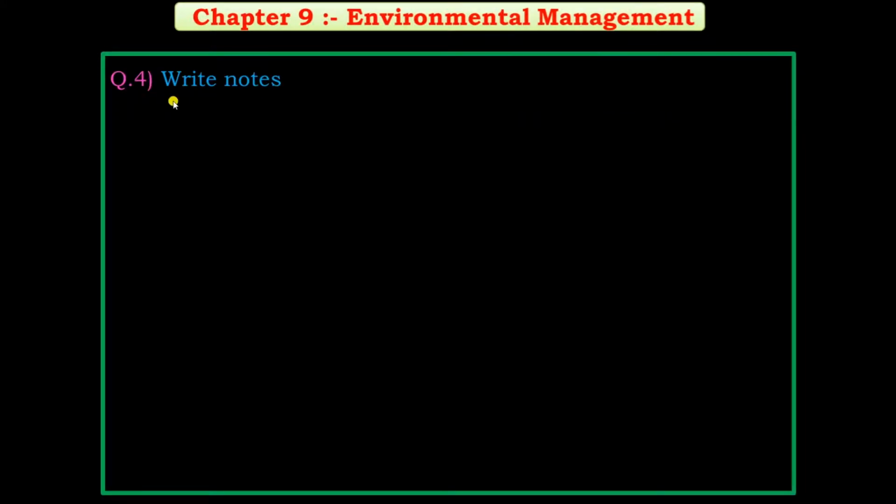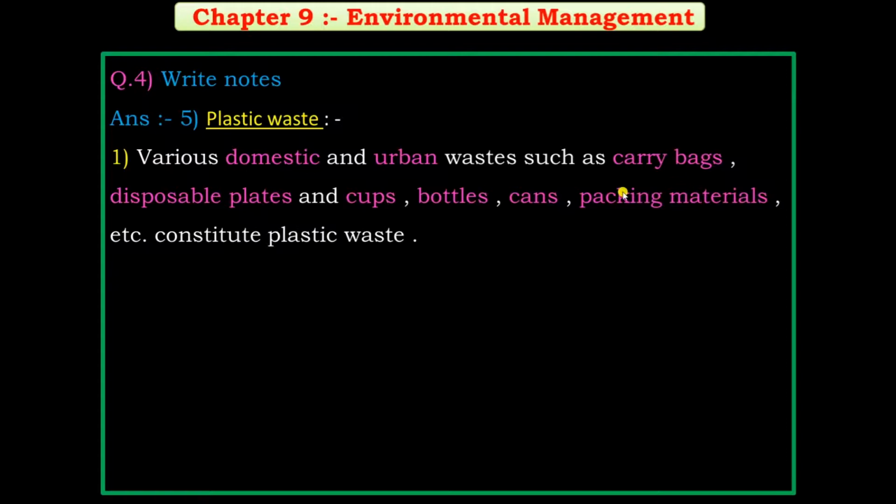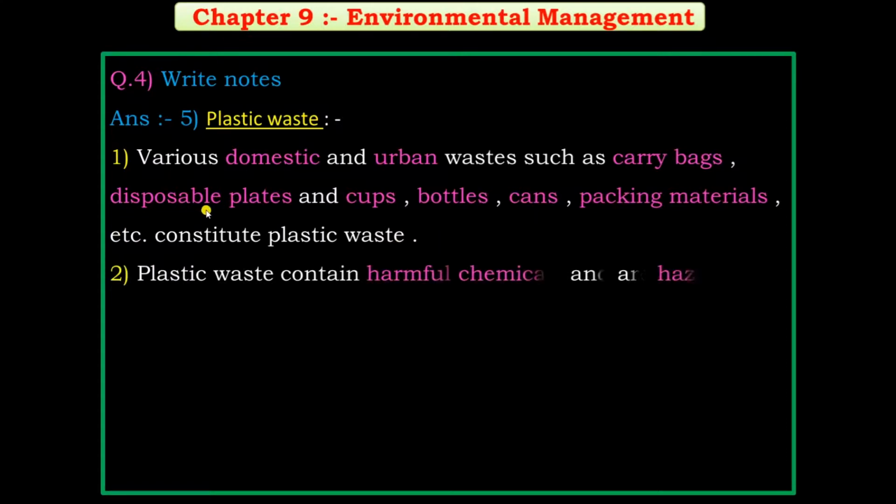Next question of question number 4 is: write the short note on plastic waste. And the answer is: point number 1, various domestic and urban wastes such as carry bags, disposable plates and cups, bottles, cans, packing material, etc. constitute plastic waste. Point number 2, plastic waste contains harmful chemicals and is hazardous.